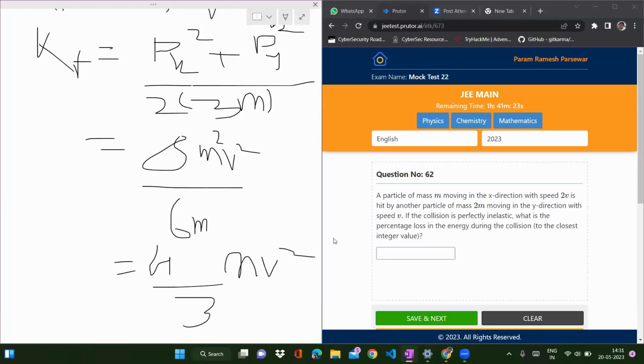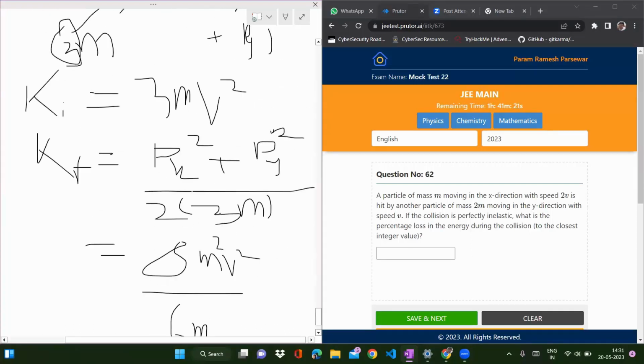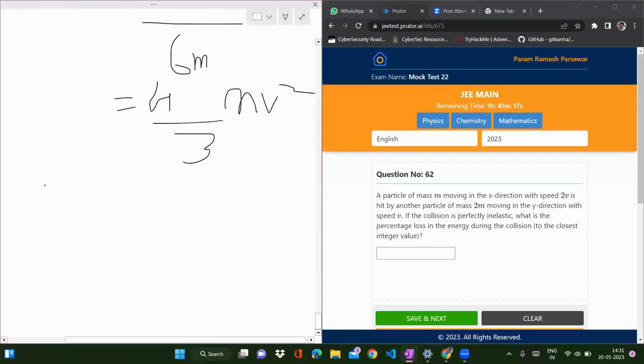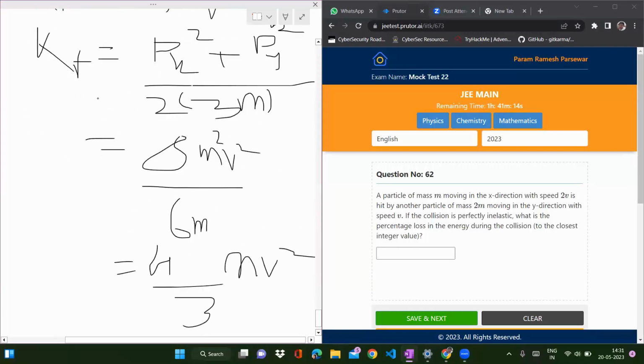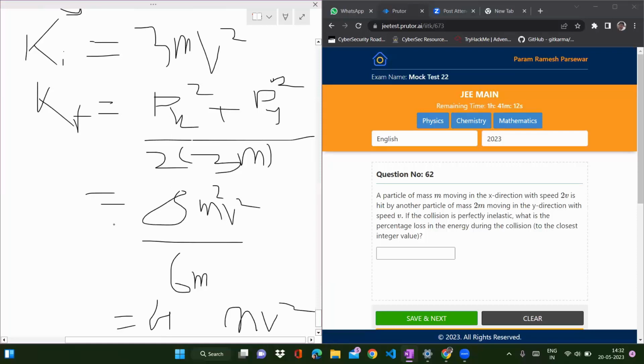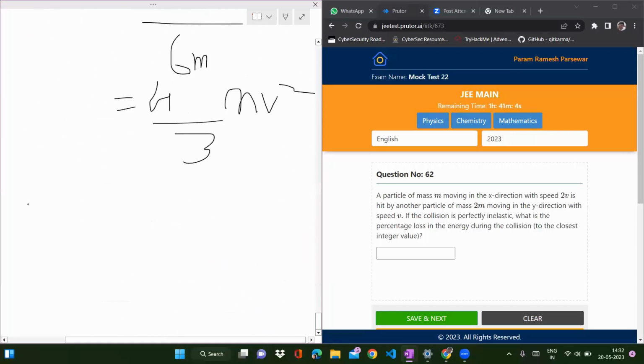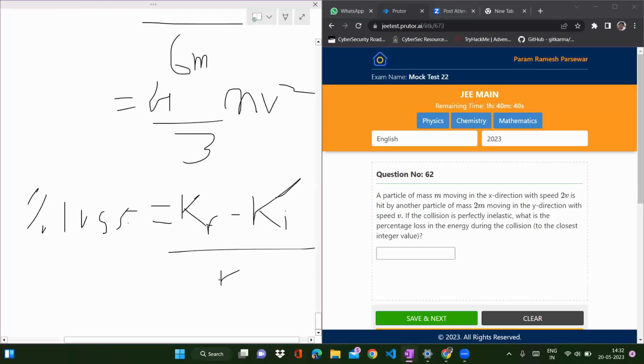Kinetic energy final is here, kinetic energy initial is here. We need to just get the loss in kinetic energy. Loss will be K initial minus K final. And the percentage loss will be K final minus K initial divided by the mod of K initial.